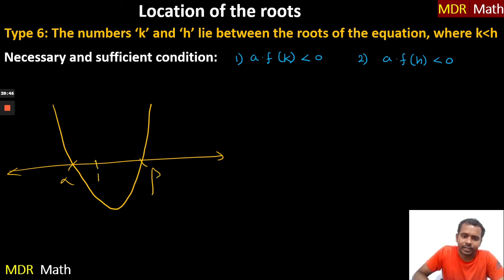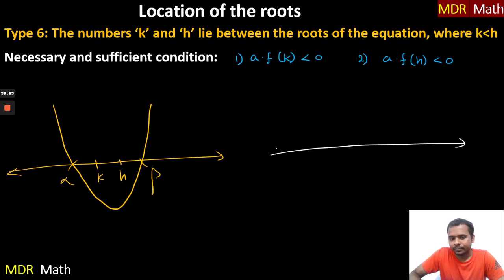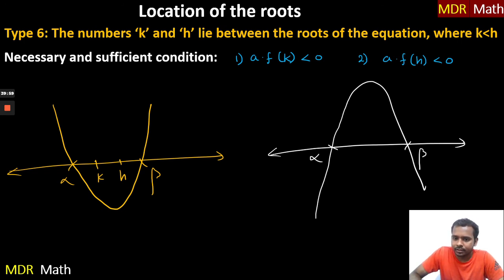Then your k and h lie in between alpha and beta. Let me take the other possible case. This is alpha, and this is beta, and this is k, and this is h, right? So what do you see here?